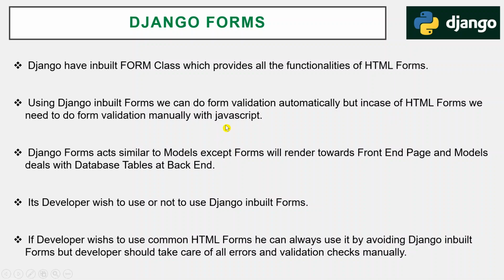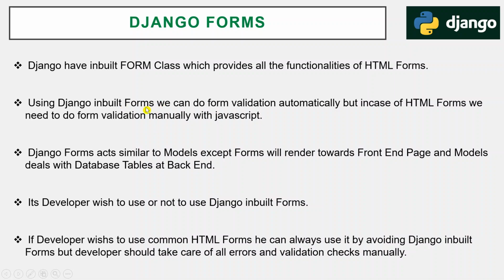Right. Now Django comes in front of us and tells, hey developer, you need not use JavaScript manually or HTML attributes manually. I have my inbuilt form class which is very developer friendly.